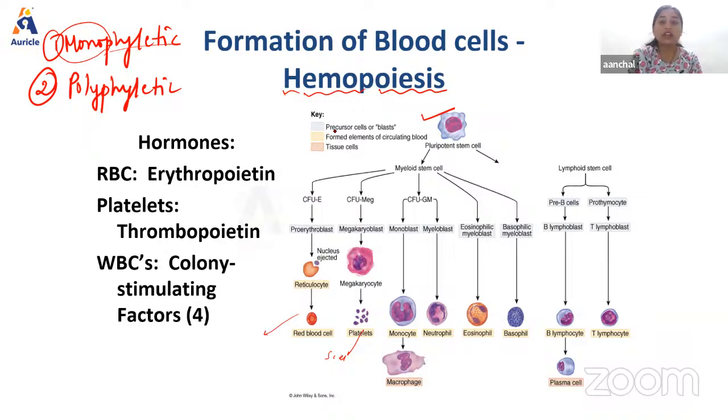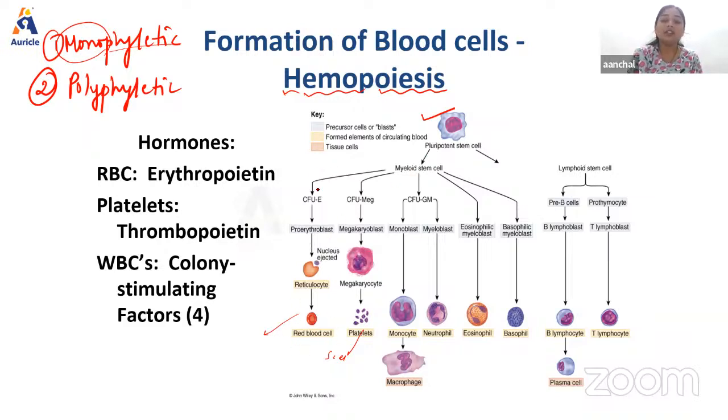Okay, so here, as we can see in the diagram, this pluripotent stem cell is responsible for producing various types of cells. For example, from the pluripotent stem cell, there will be the arrival of the myeloid stem cell. Then there will be formation of colony forming units of erythrocytes, from this to pro-erythroblast, from this to reticulocyte, and finally there will be formation of RBC.